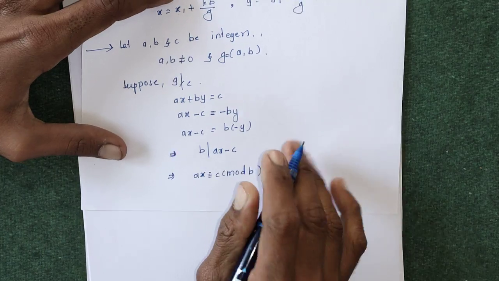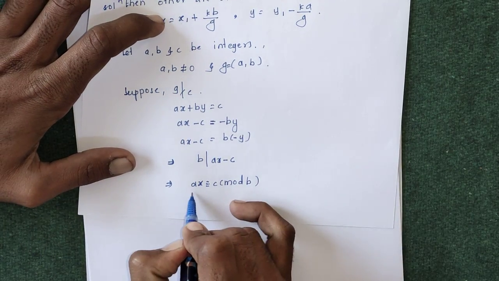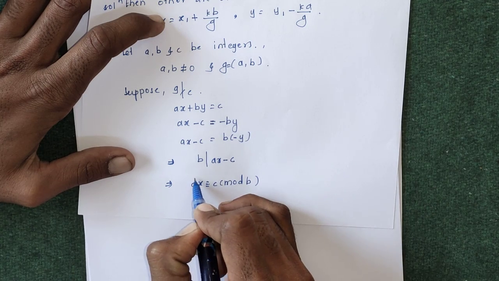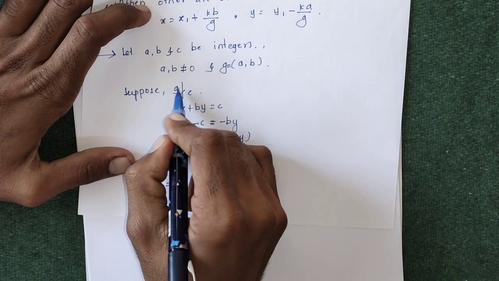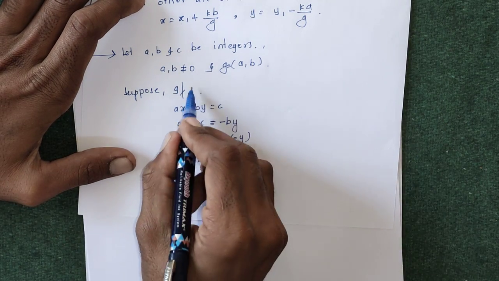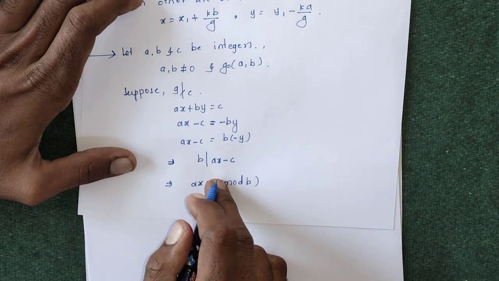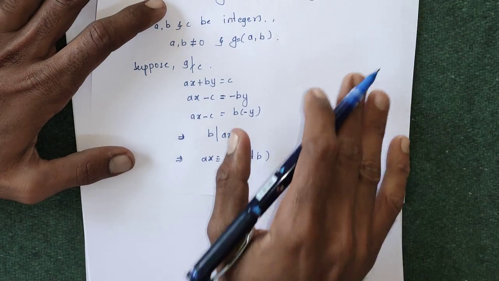Just rewriting this equation in this form, we now know that this congruence has a solution if and only if GCD of A and B divides C. But here G is the GCD of A and B, and that G doesn't divide C, so this congruence has no solution. Now our first claim is proved.